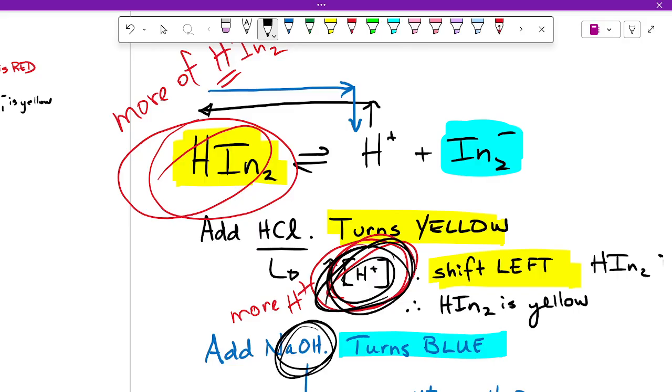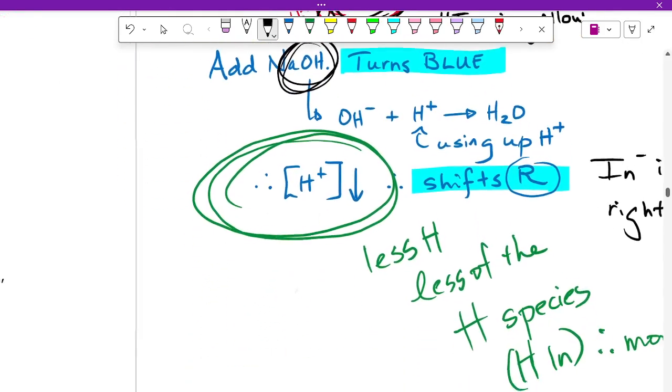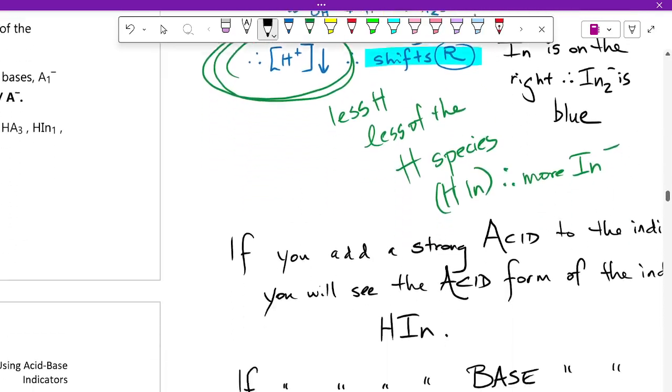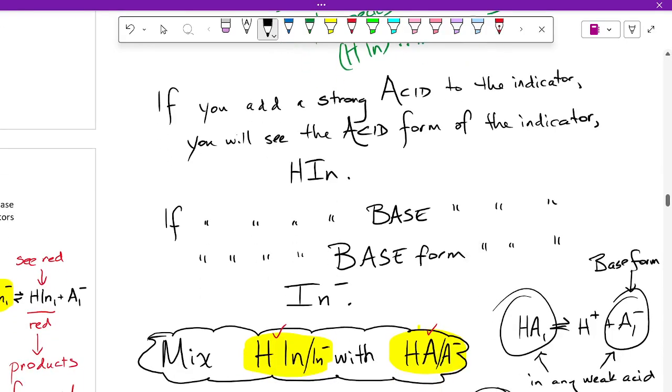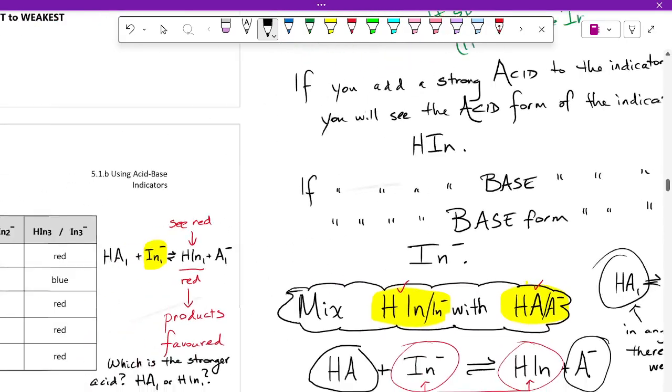So if we add strong acid, it shifts the indicator towards the acid form. If we add strong base, it shifts it towards the base form of the indicator. Do we remember that? If you add a strong acid, you'll see the acid form of the indicator. If you add a strong base, you'll see the base form of the indicator.